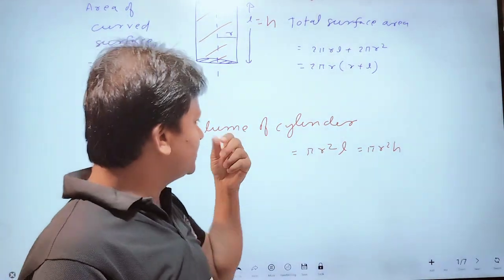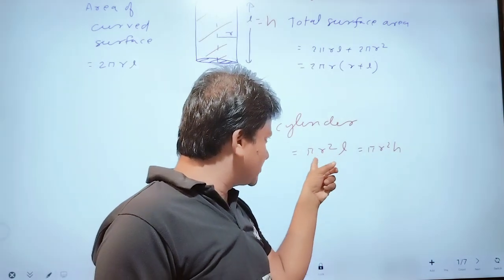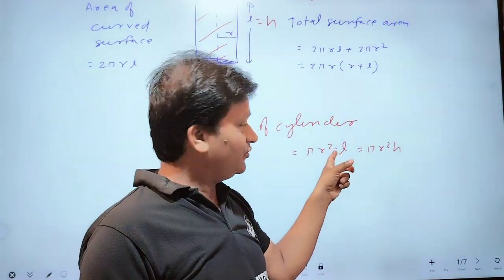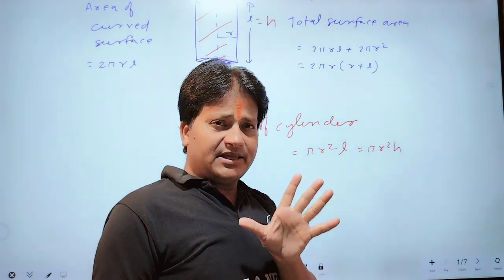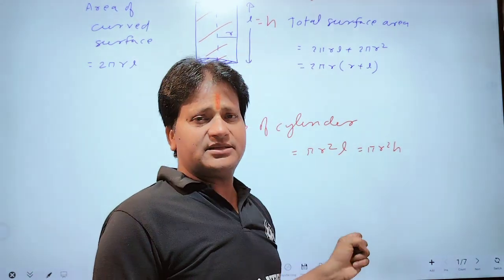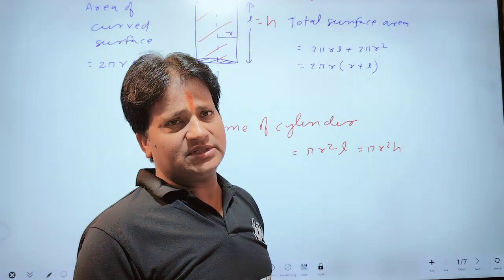Okay? Volume of cylinder will be equal to pi r squared into L, where pi r squared is the area of base and length is the height of the cylinder or length of the cylinder. Okay?